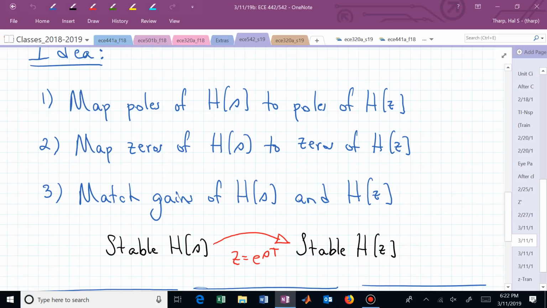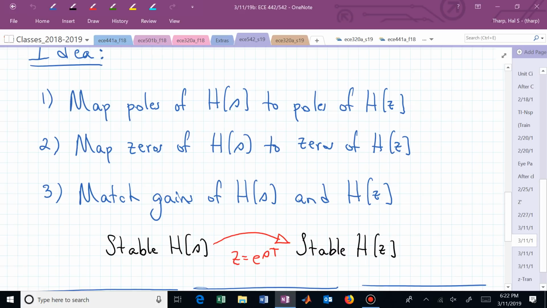What did I ask? Where do the zeros at infinity? Which plane are we dealing with to get the zeros at infinity? That's in the S plane. We play with h in the S domain to establish how many zeros we have at infinity.